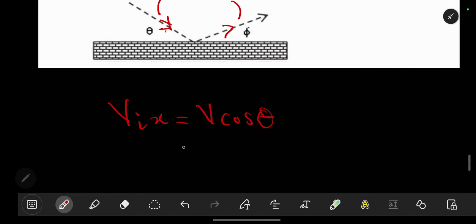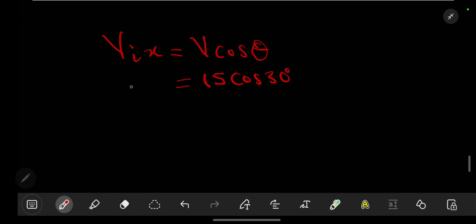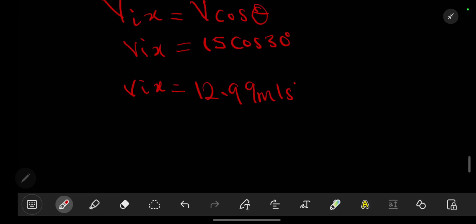So it is approaching at 15 cos of the angle 30 degrees. So v_ix equals 15 cos 30, which gives us 12.99 meters per second. This is the velocity in the x for the initial.